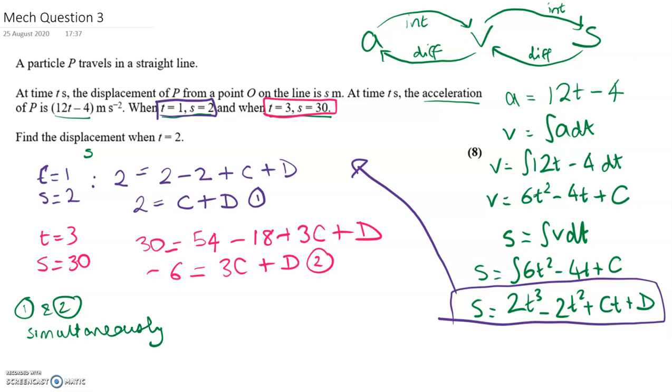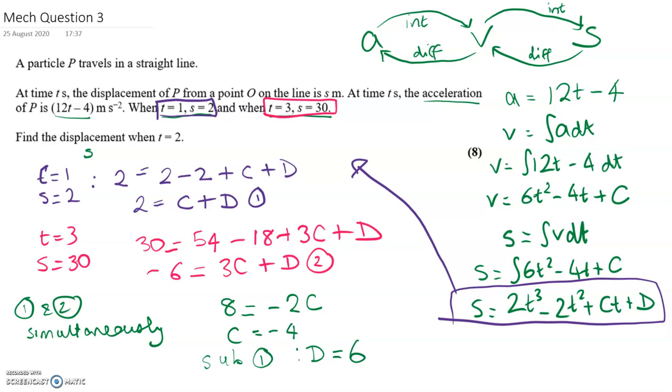Okay, so when I do that, I think the easiest thing to do is to subtract, isn't it? And that will cancel our d's out. Then I end up with 8 equals minus 2c, and then I get c equals minus 4. If I sub that back into equation 1, which looks like the simpler one, then I end up with d equals 6.